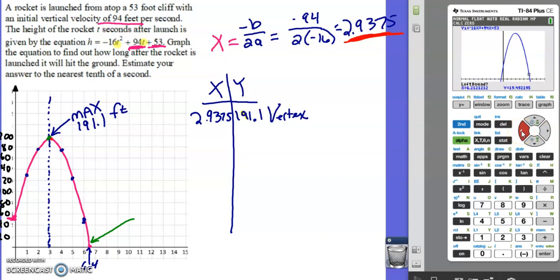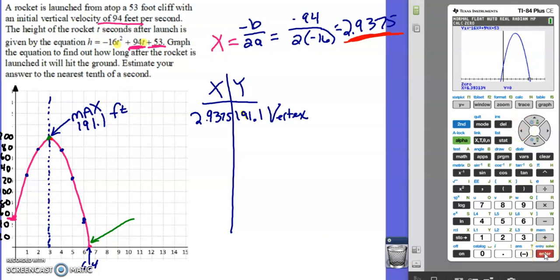I'm just going to go 1 space to the left and press enter. I go back to where I think it hits, and then go 1 to the right of that. We can't see the cursor right now, and we could change the settings if we wanted to, but I know the cursor is to the right because I pushed the right arrow button. I press enter, and then go back and press guess, right where the 0 is.